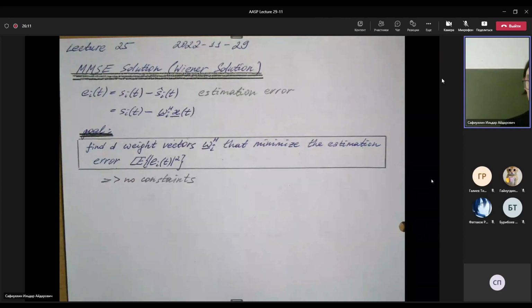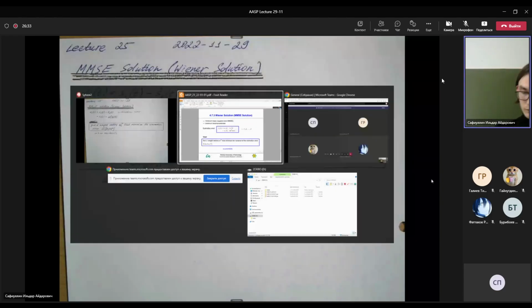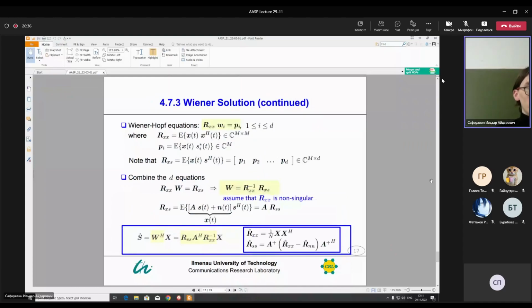And then we will go for this solution as before, using slides, and we will write down only the final results. So what we have for matrix W Hermitian, so for our weight vectors. Of course, we start with the Wiener-Hopf equation, where Rx is the correlation matrix of our measurement vector.